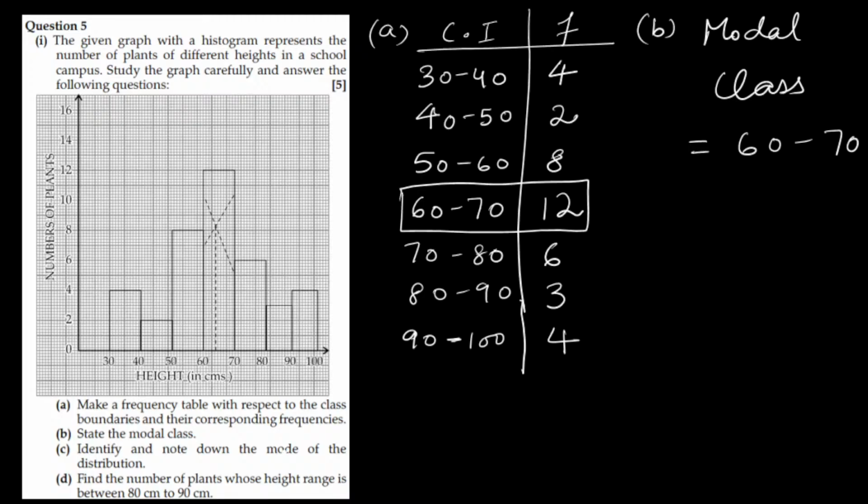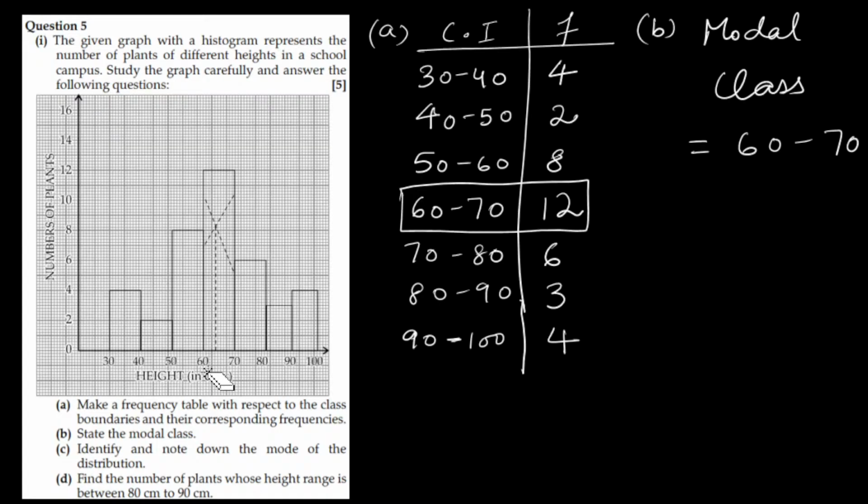C. Identify and note down the mode of the distribution. So mode, how to find, they have already drawn this one. So from this line we will be getting the mode. At this point, mode is there. So you have to see what is there.